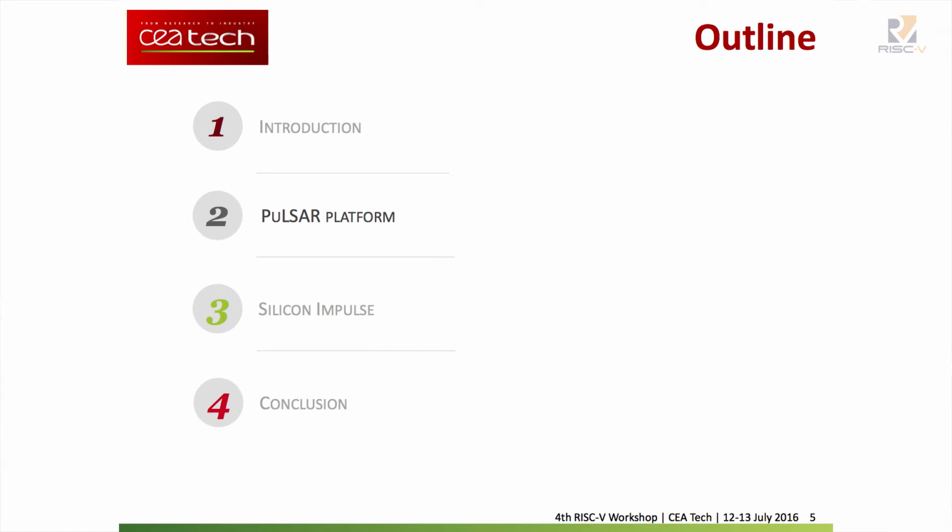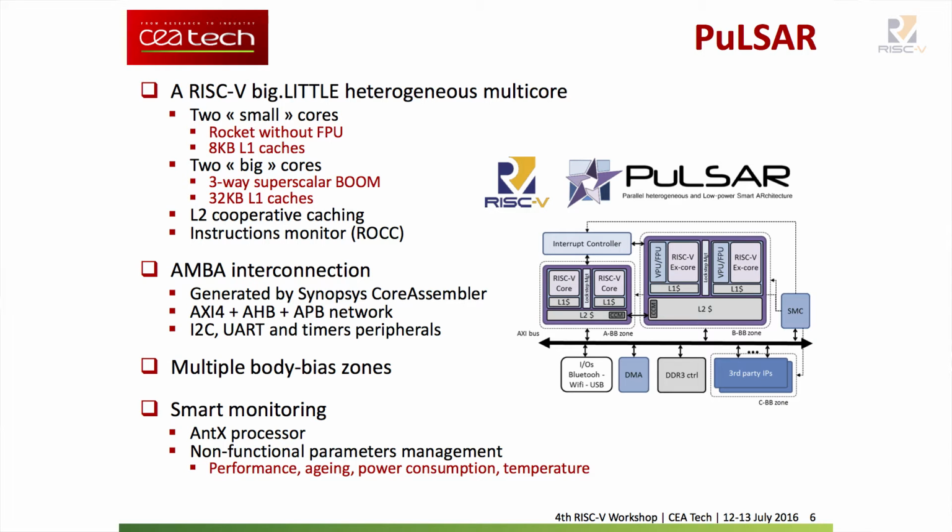So now I will present the Pulsar platform, which is our main work in the Things to Do project. The Pulsar platform is a RISC-V big.LITTLE-like heterogeneous multicore. It has two small cores without FPU, with small caches, without accelerators, and two big ones.